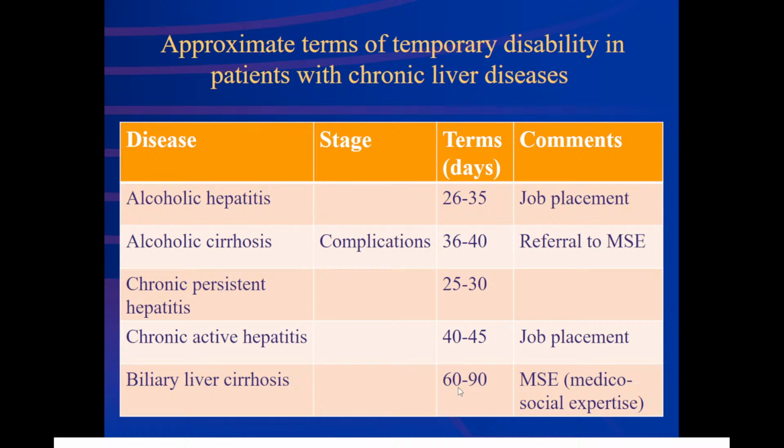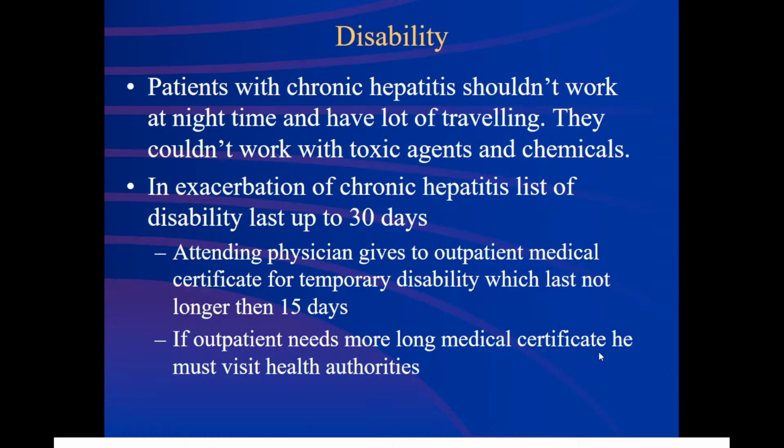Biliary liver cirrhosis, 2 to 3 months. And some of them need medical social expertise for chronic disability. Patients with chronic hepatitis shouldn't work at night time or have a lot of travel. They couldn't work with toxic agents and chemicals.